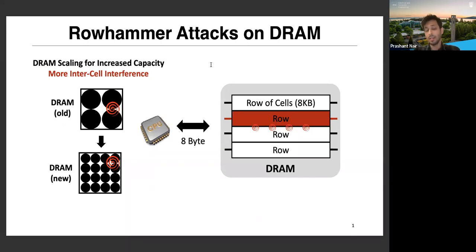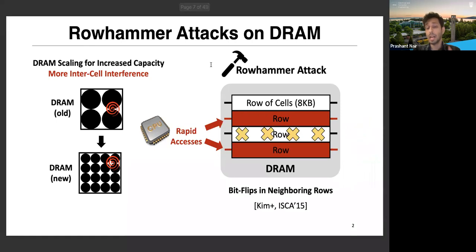And this interference is exhibited in the form of charge leakage. Now, if this were to happen infrequently, you can easily refresh these cells, say every 64 milliseconds, and replenish this charge. However, if this were to occur rapidly, you can actually cause an attack.